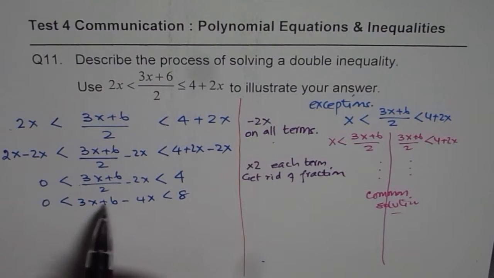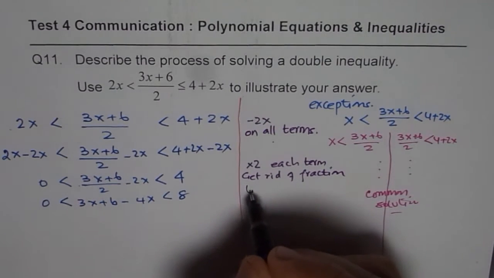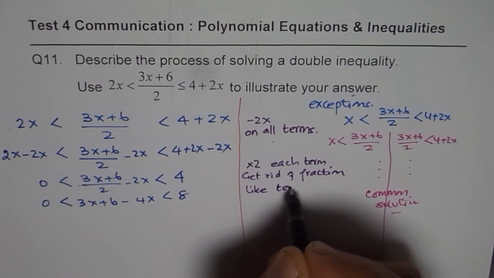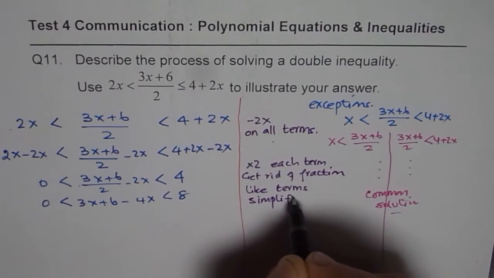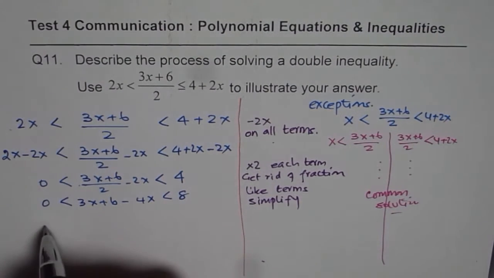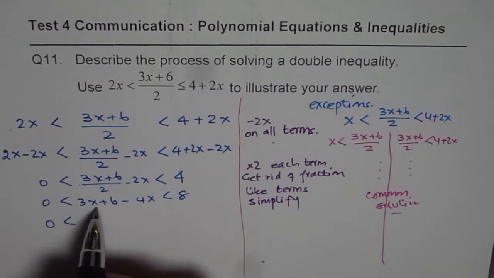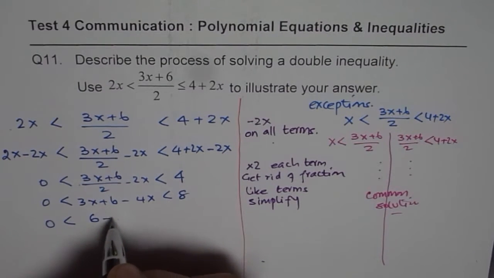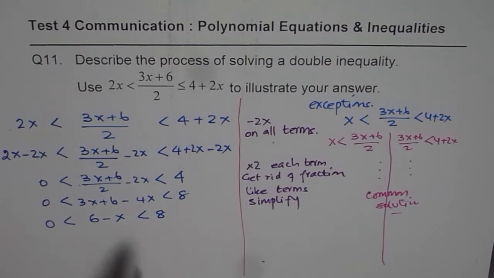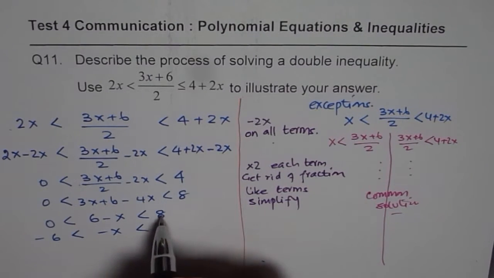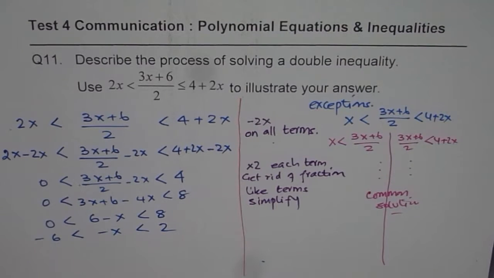Now we can combine like terms, or simply simplify. So we get 0 is less than 3x minus 4x plus 6, that is 6 minus x, which is less than 8. We don't want 6 here, so we'll take away 6. So minus 6 is less than minus x is less than 8 minus 6, which is 2.